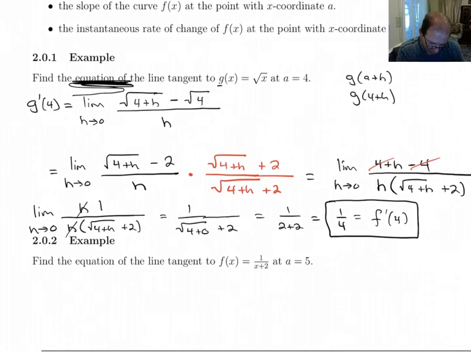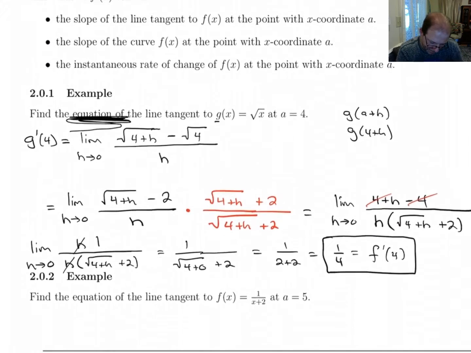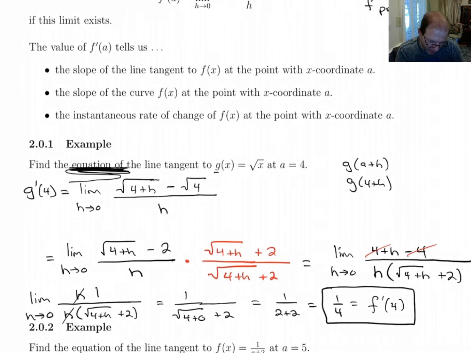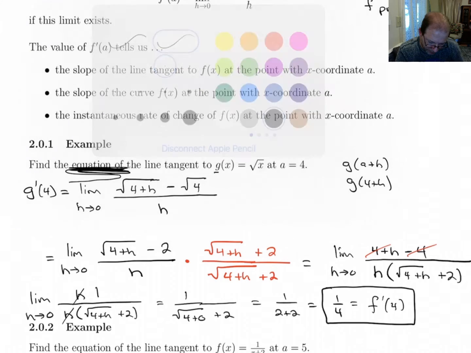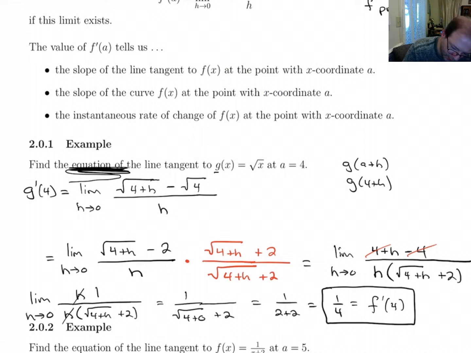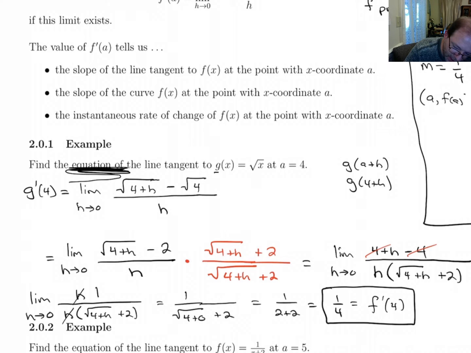I am out of room though. All right, tell you what I'm going to do. I'm going to finish this up here. The slope we found is that derivative, 1/4, and the point on the graph, a, f of a, is 4, 2.